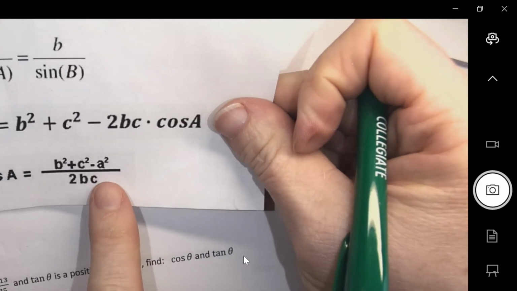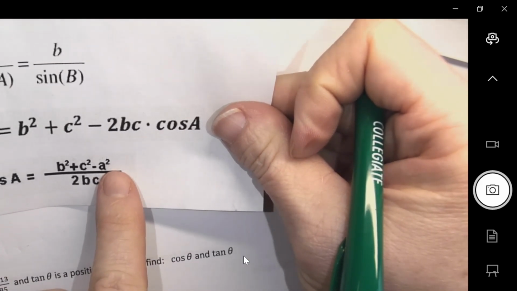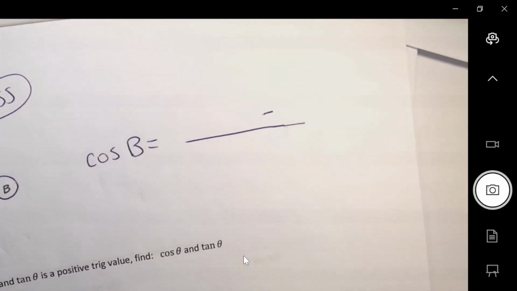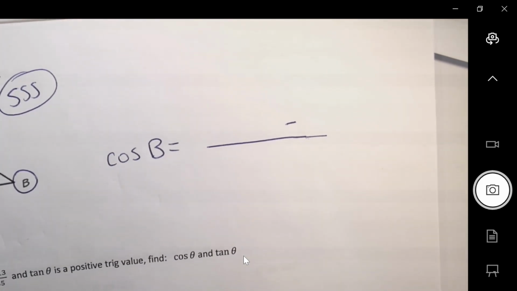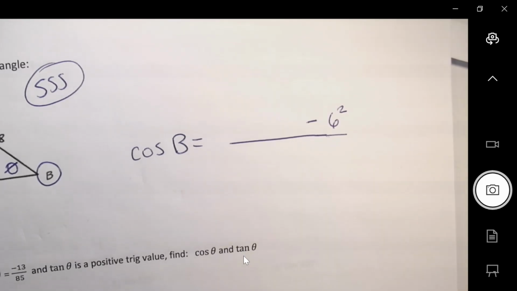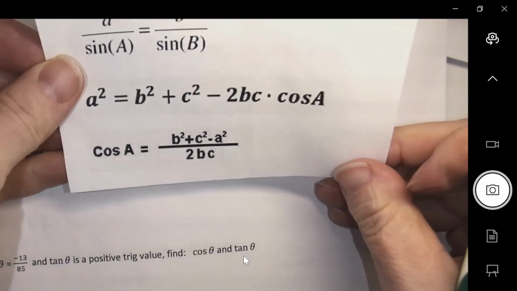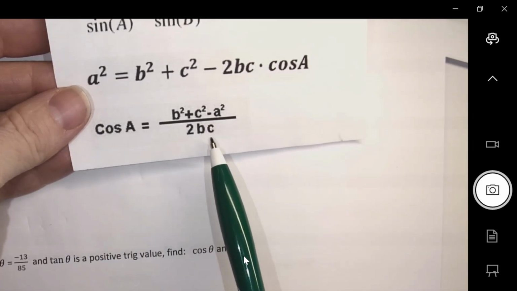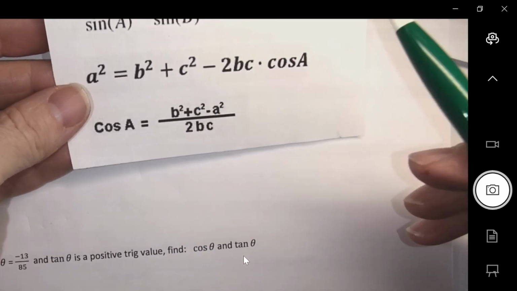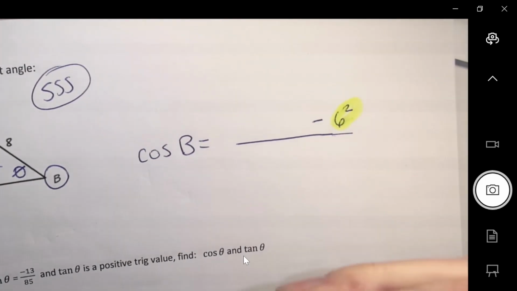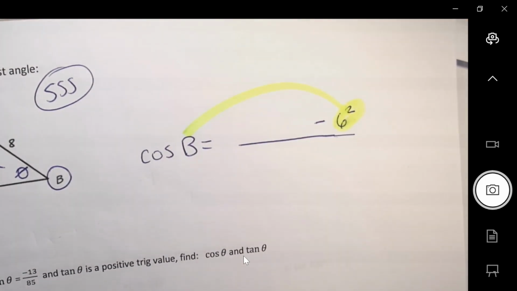I jump to the subtraction spot. Which side do I have to subtract? 6 squared. And then the 7 and 8, just fill in. So can you fill in the 7 squared, 8 squared, 2 times 7 and 8? So this is what I just write first. So then I remember opposites.